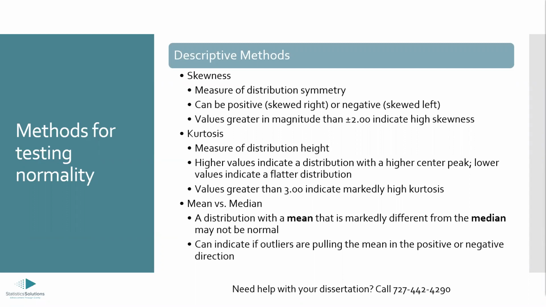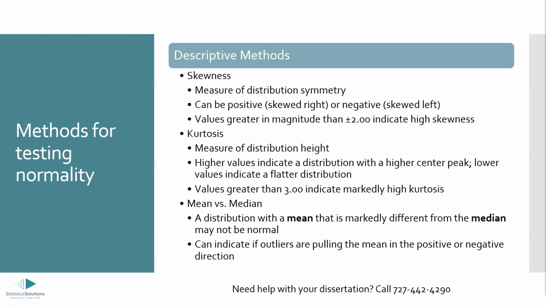So if we think back to the first example that we saw with that normal distribution, it has that nice symmetrical bell shape where the values are kind of symmetrically distributed around the mean. So the skewness measures the symmetry of the distribution. So how symmetrical is the distribution around that mean or center?